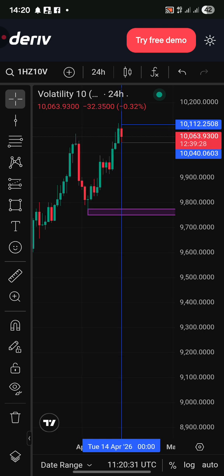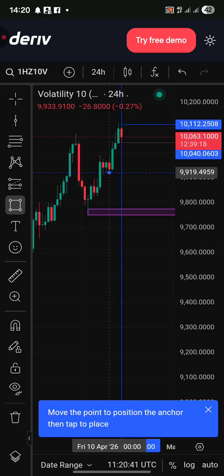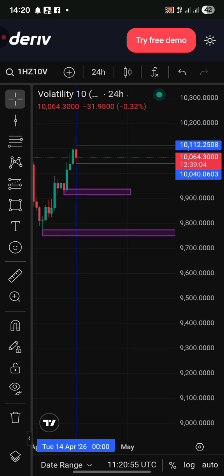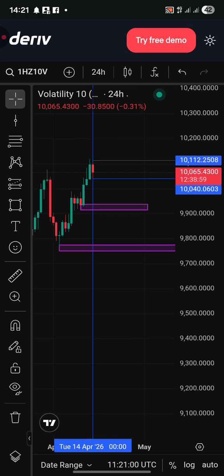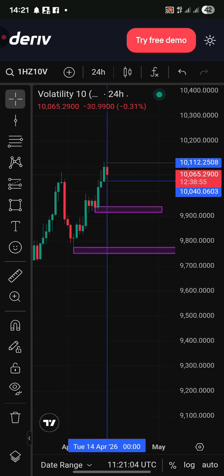So the market did not respect this one to return back, so it will form another demand zone here. That means the market has been going forward without returning, and if you can realize here, maybe it's going to come up with another demand zone.